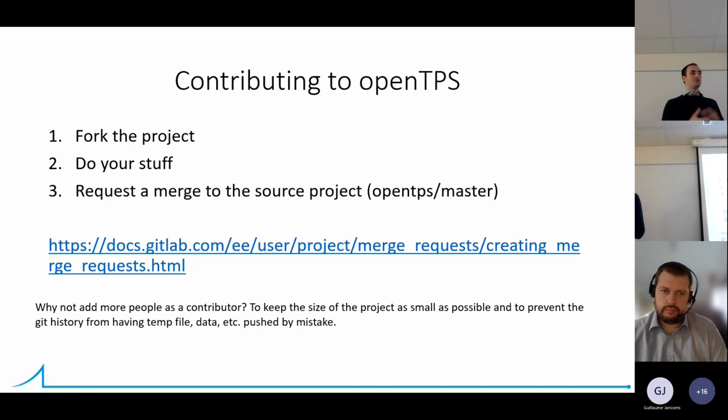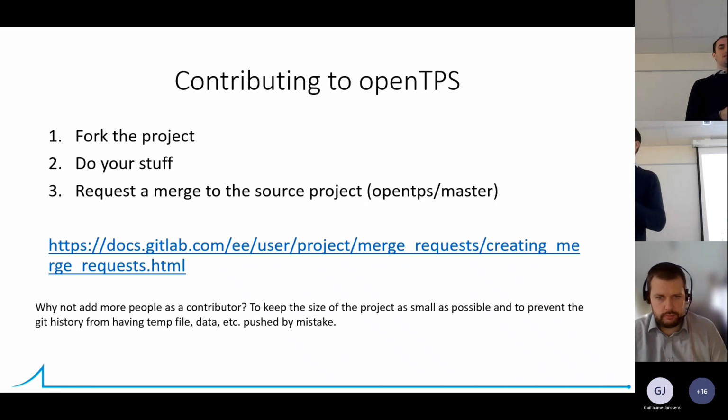So you have a copy of the project where you can do your stuff, and this won't impact the original project. And if you have something great, useful for the community, or you fixed something, for example, you can create a merge request. So you can ask to merge the changes into the original project.